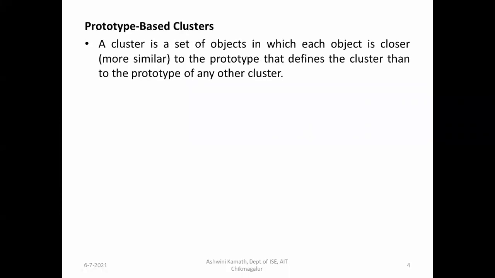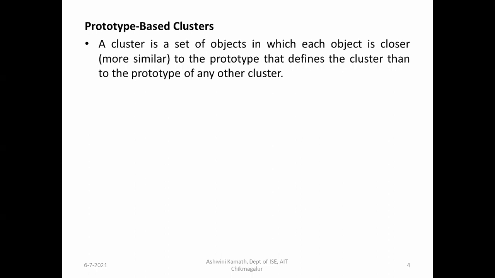The second one is prototype-based clusters. A cluster is a set of objects in which each object is closer to the prototype that defines the cluster than to the prototype of any other cluster. Prototype means you are considering some measure, like a midpoint in the cluster, and objects in that cluster will be closer to that point.